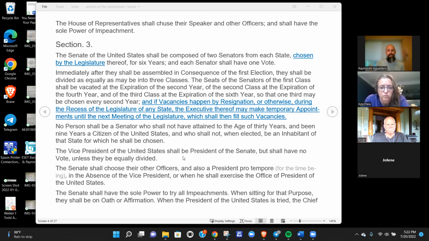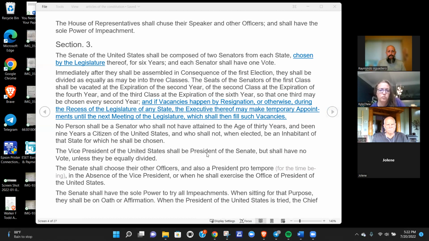Immediately after they are assembled in consequence of the first election, they shall be divided as equally as may be into 3 classes. So this basically says that every 2 years there's going to be a new class of senators. They serve a 6-year term, but it's divided up so that every 2 years they get rotated.